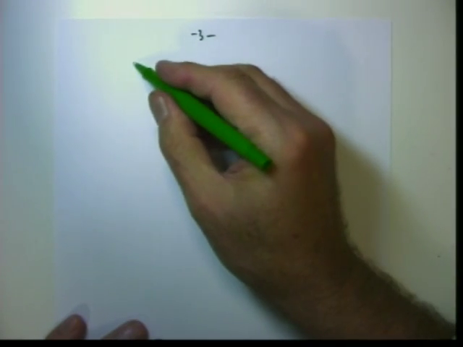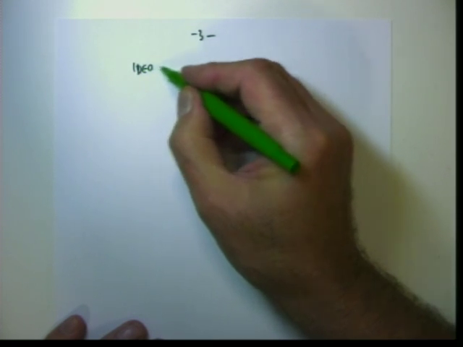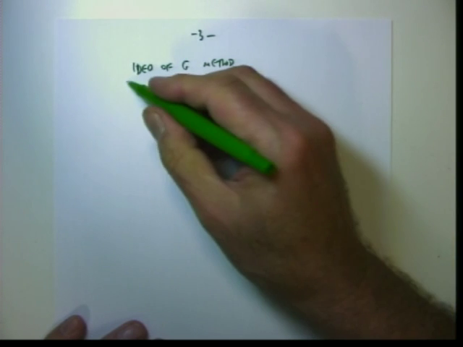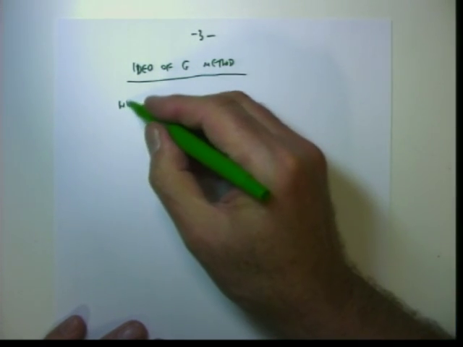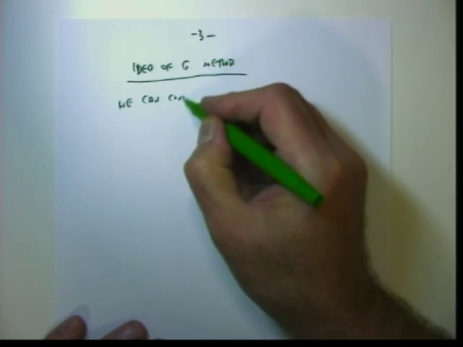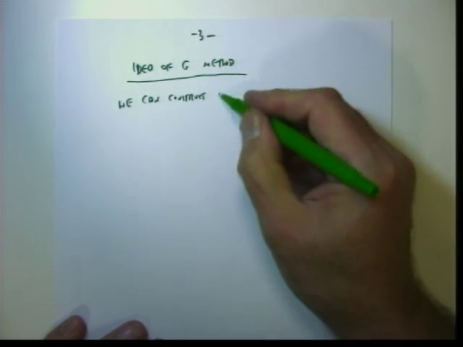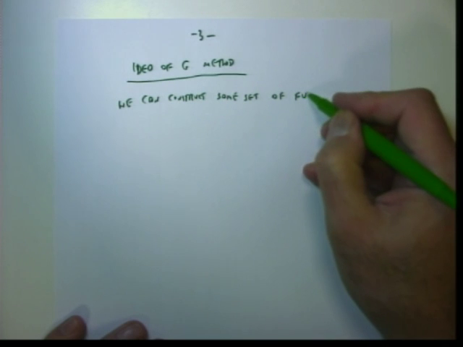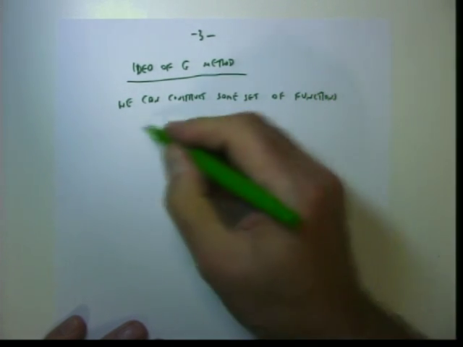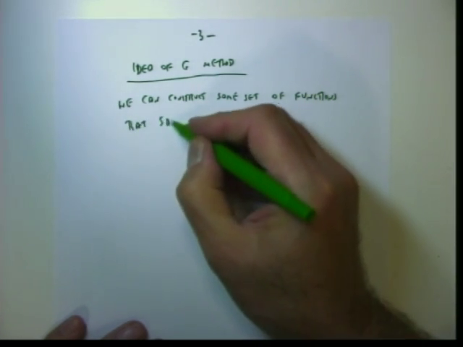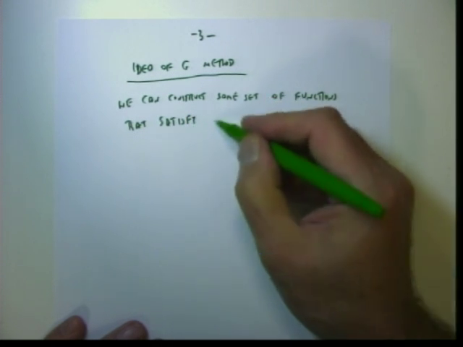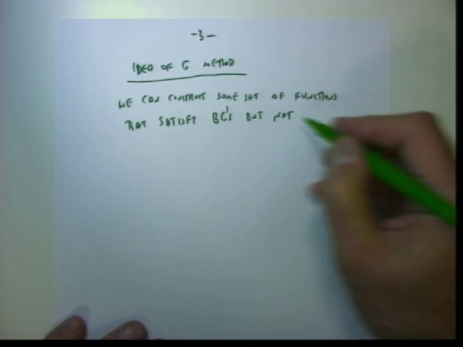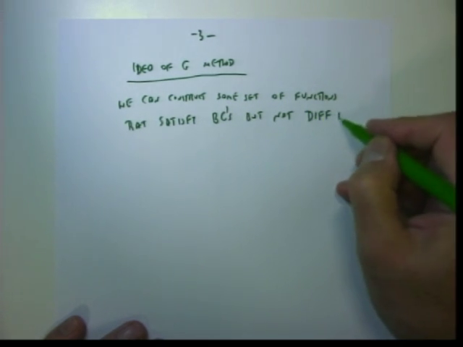So the idea of Galerkin method is as follows. We can construct some set of functions that satisfy boundary conditions, but not the differential equation.